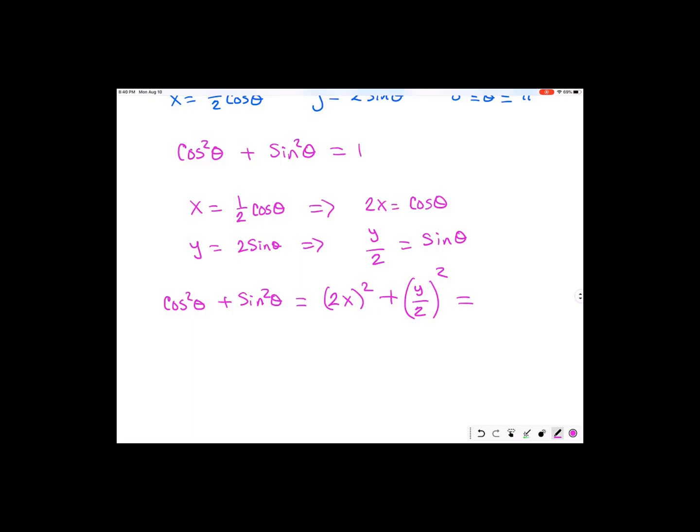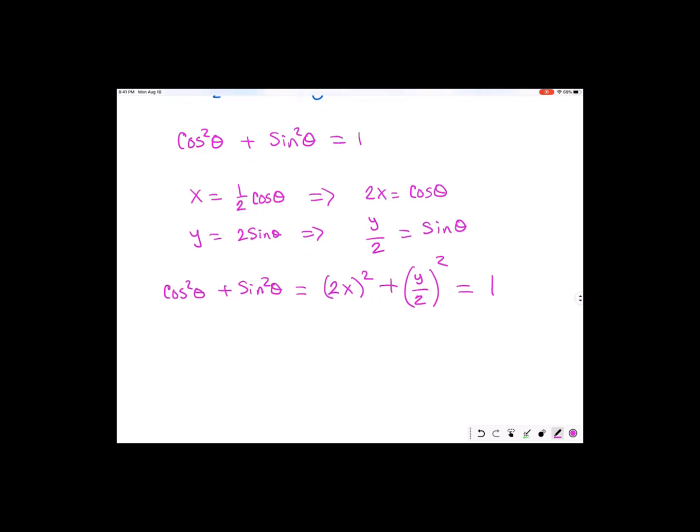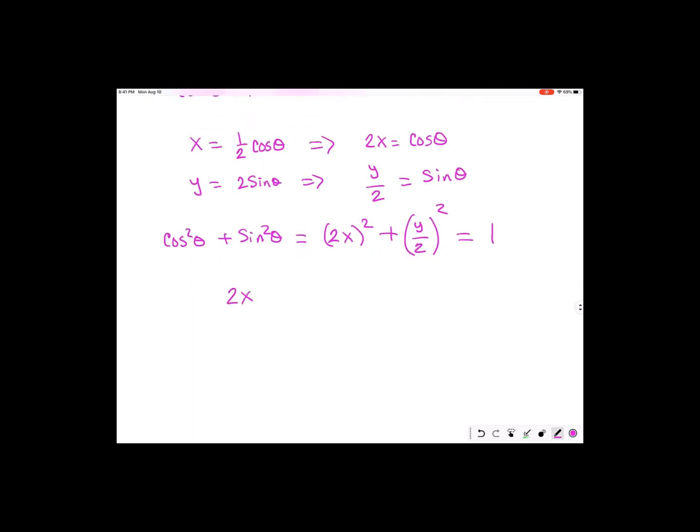And cosine squared of theta plus sine squared of theta is equal to 1. So now I have 2x quantity squared plus y over 2, that quantity squared, is equal to 1. And so I have now converted from a parametric equation to a Cartesian equation.